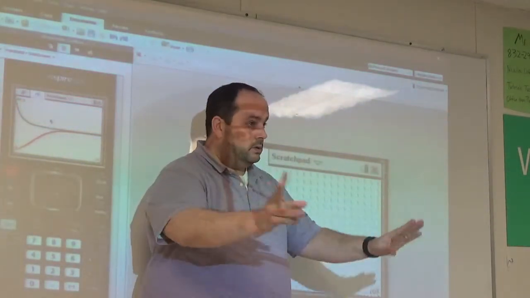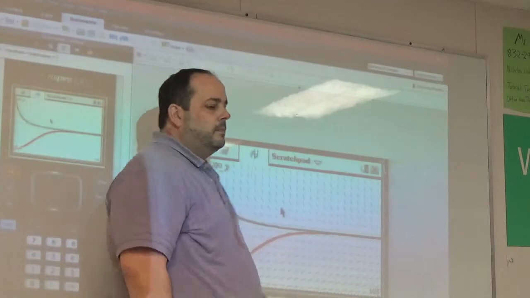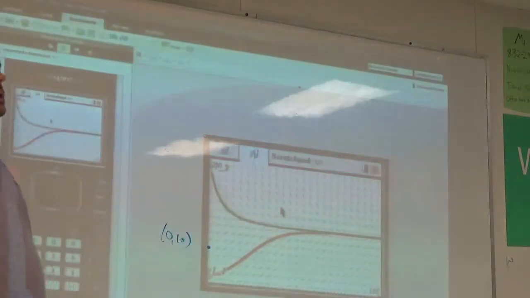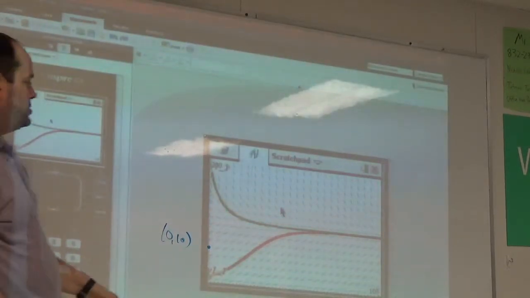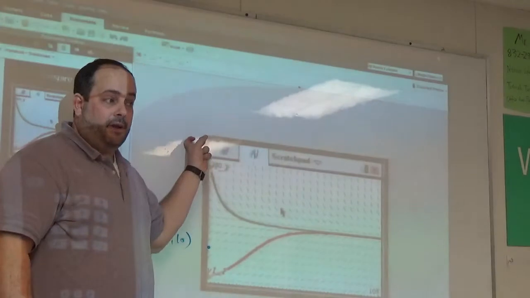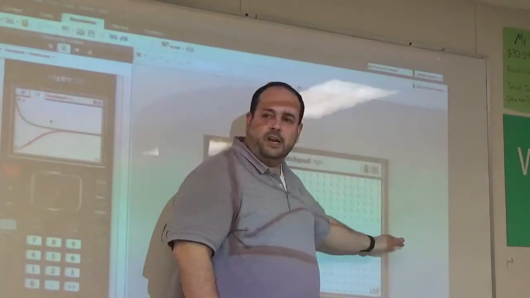With 200 bears, it would still be the same differential equation, which gives you the same slope field. What would be different is that you've changed your initial condition, so you're not starting down here, you're starting up here. But the limit as t approaches infinity would be the same.